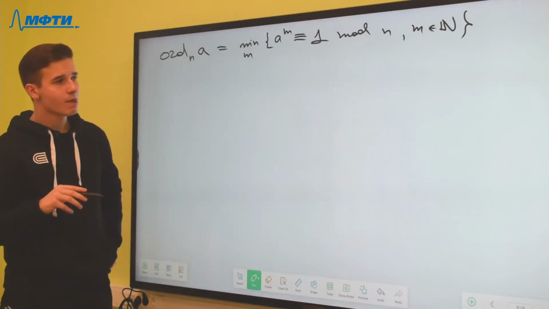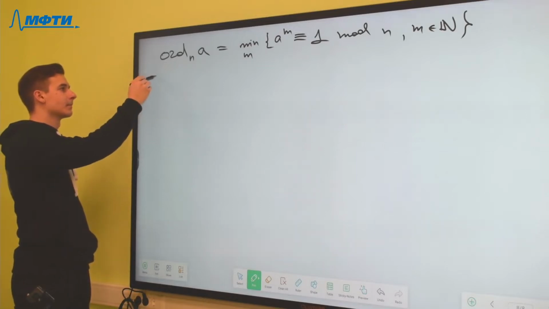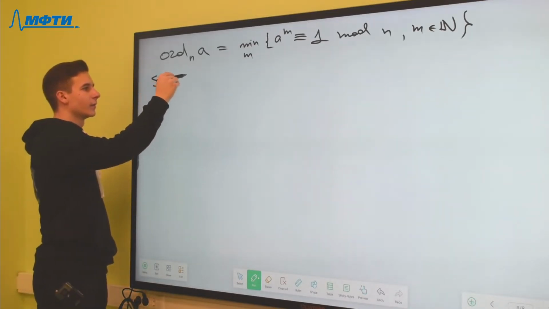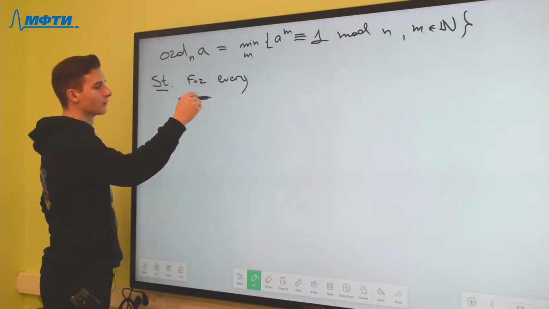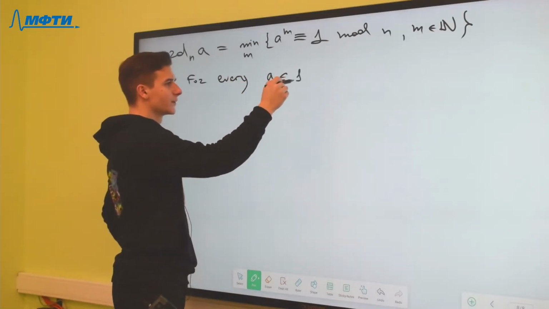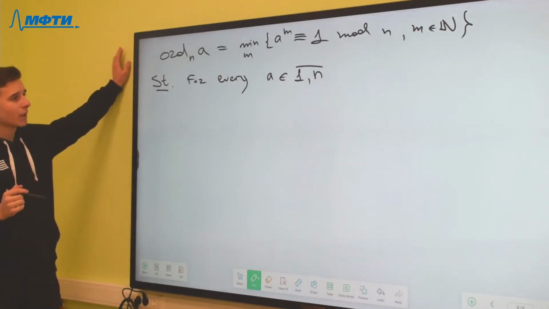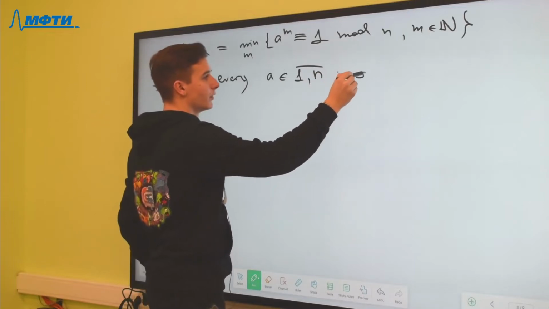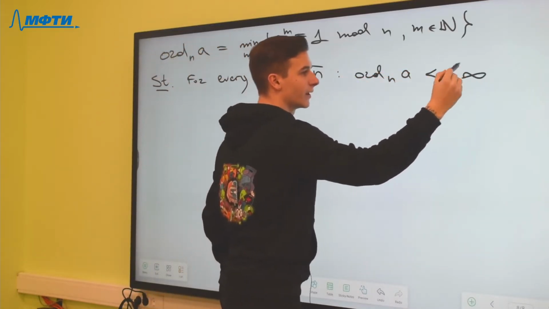So firstly, we can prove that for every a between 1 and n, order is the finite number.